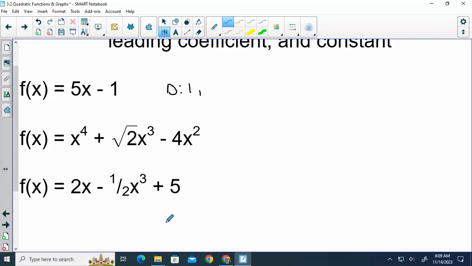The leading coefficient: we take that term with the highest exponent, and the coefficient of that term is 5. And what's my constant? -1.